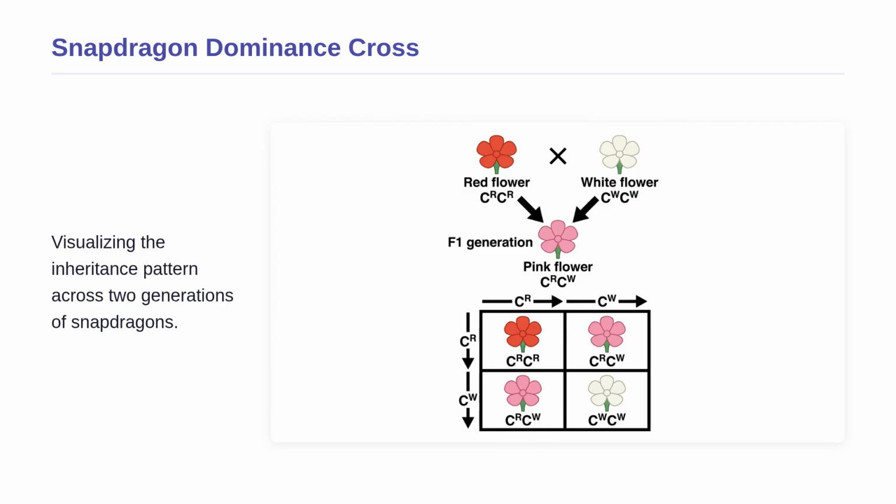Below that is the Punnett square for the second generation. The axes show the alleles from the pink parents, and the inner grid reveals the 1 to 2 to 1 ratio of red, pink, and white flowers. This diagram perfectly illustrates how alleles compromise without losing their underlying genetic code.